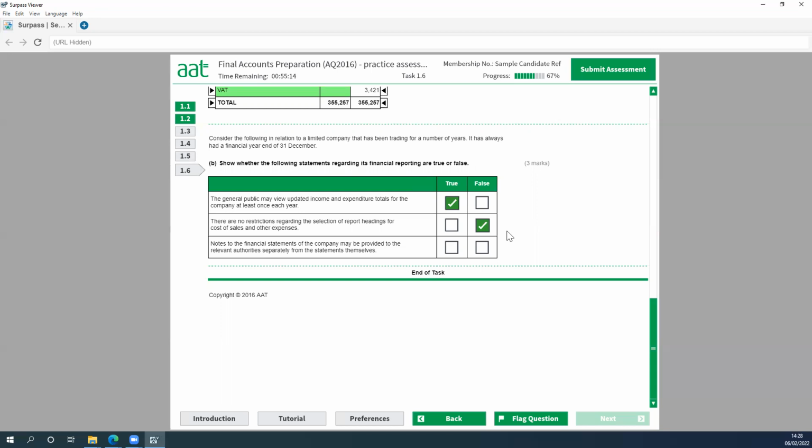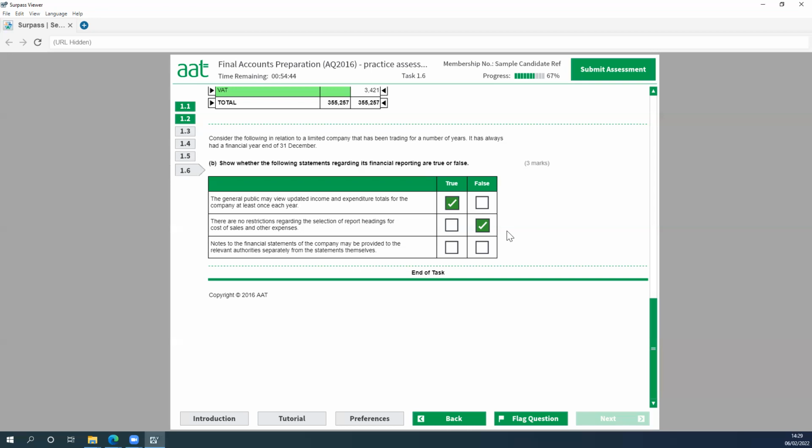And then it says notes to the financial statements of the company may be provided to the relevant authorities separately from the financial statements. It's not. And we do this probably next much more at level 4. So when you've got something like contingent liabilities, or if we have to make a provision, or there are certain factors where we shall see next year where we do adjustments, what we call adjusting events, non-adjusting events, when the accounts are signed off.